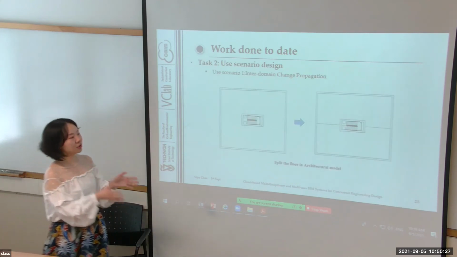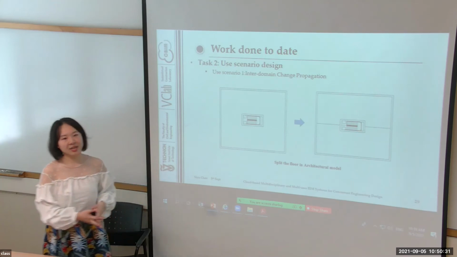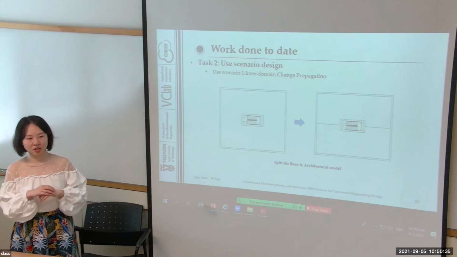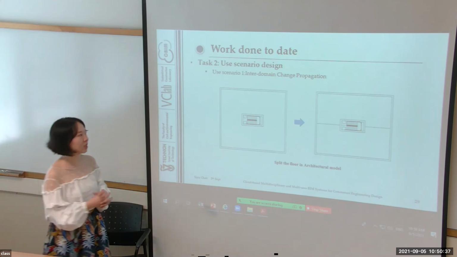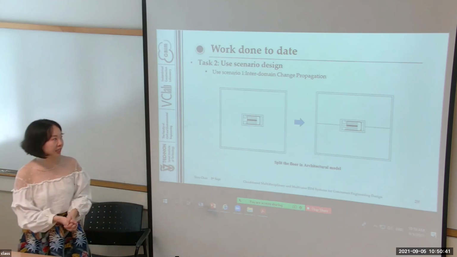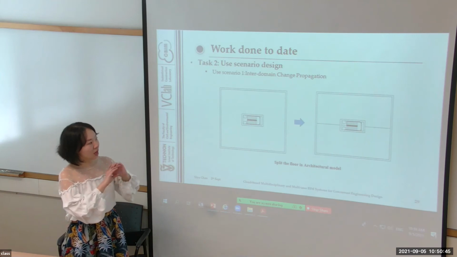And then we come to the architectural model view. The architect gets the notification, and the system knows that the structure model has been changed. The system splits the floor for the architect automatically, into two.